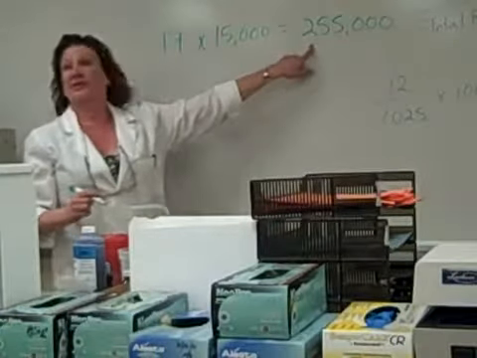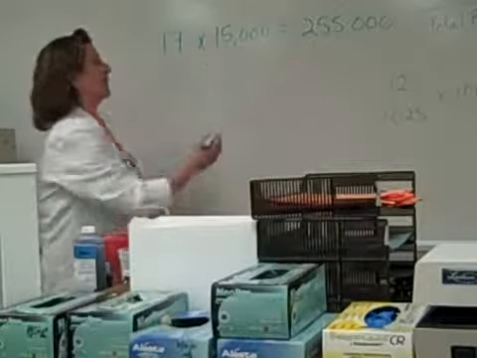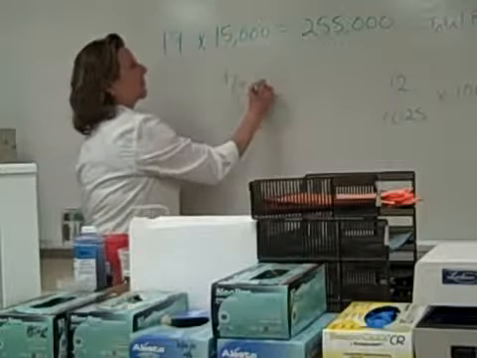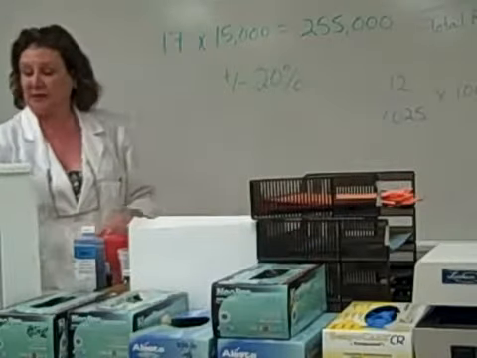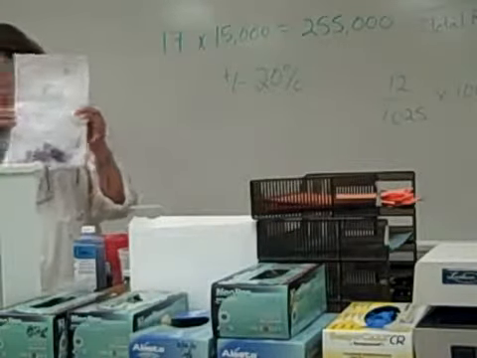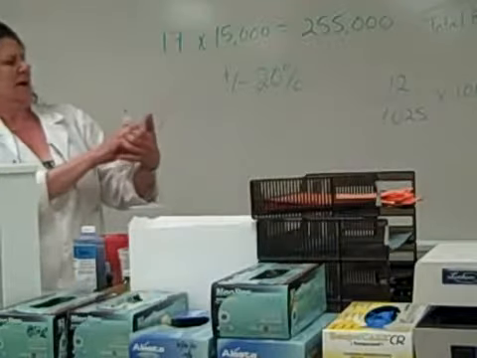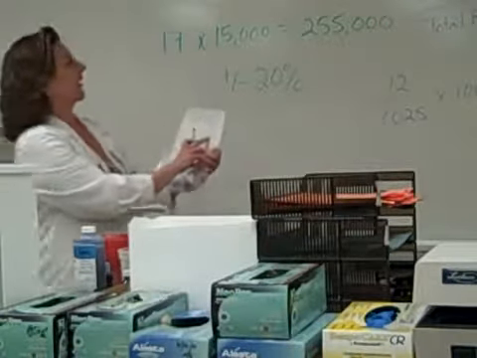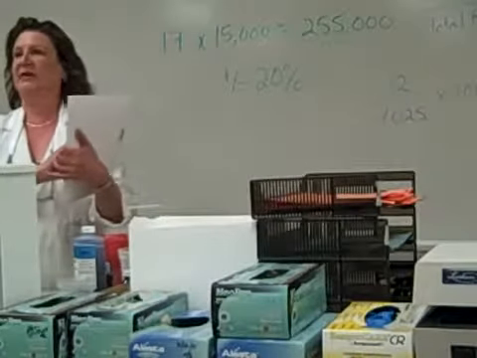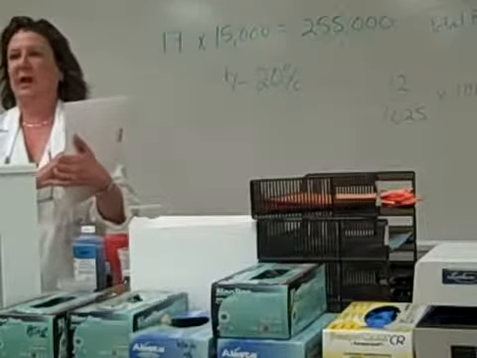So I want this estimate to be plus or minus 20% of what's on the CBC printout. So if you look at this, okay, 270, okay, I got 255. Am I within range? Yeah.